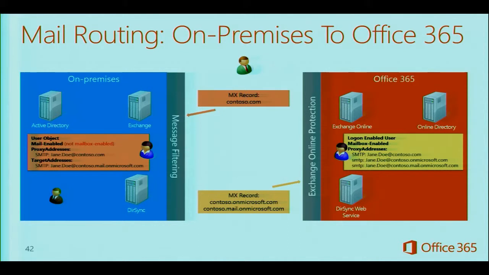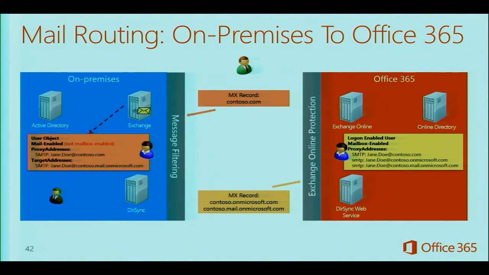So let's talk about what happens after coexistence. Now we've got routing from on-premises to Office 365. It's the same on-premises mail deployment, and we've got the DIRSync appliance in there now. We've got mail coming from an internet user again, destined for the same user. It's going to come into the Exchange server based on the MX record.